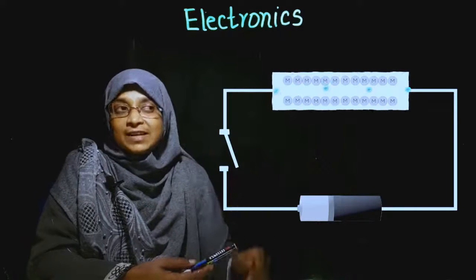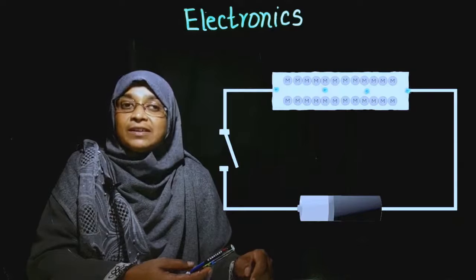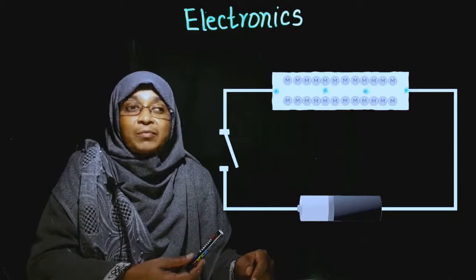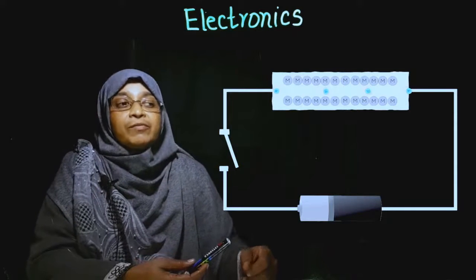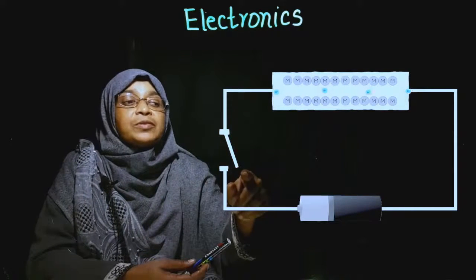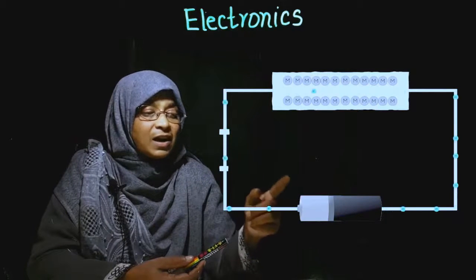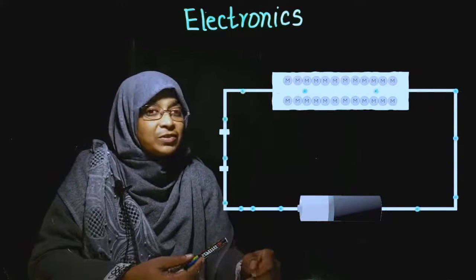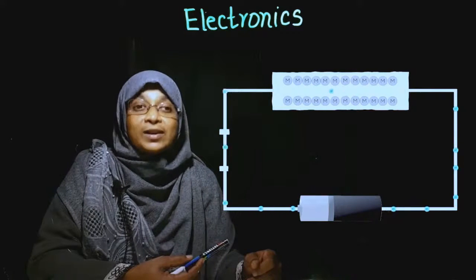Now you can see there are free electrons in the conductor. They are moving randomly. Now I am going to turn on the switch. Now the electrons are moving from the negative terminal to the positive terminal of the battery through the conductor.